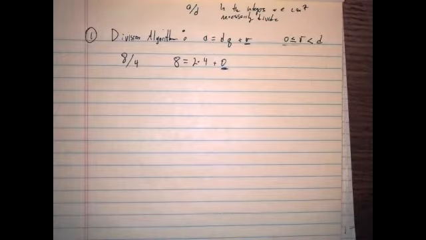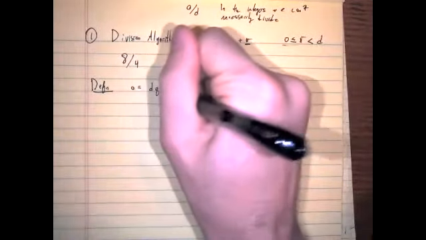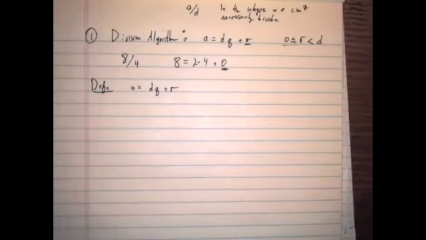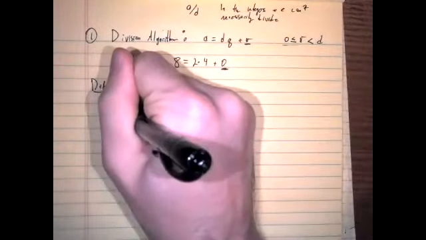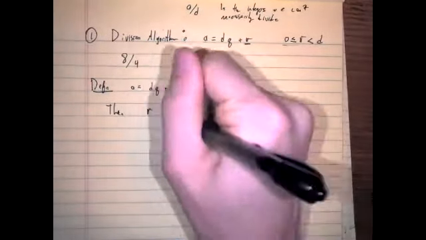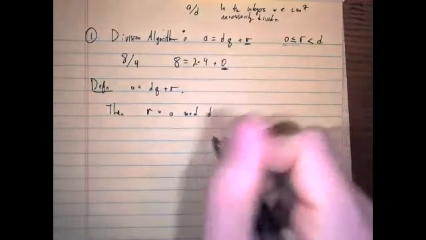Okay, so a very important point that we're going to spend a good chunk of today on is the following definition. Let's say, once again, we're in the division algorithm situation. So A is equal to dq plus r. Then we make the following definition: r is going to be equal to A mod d.